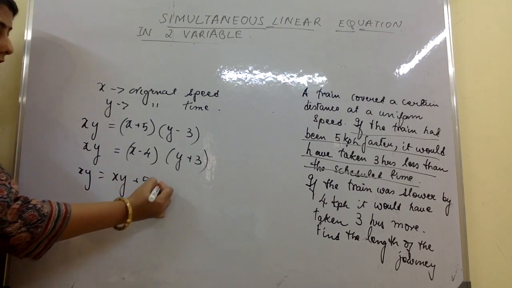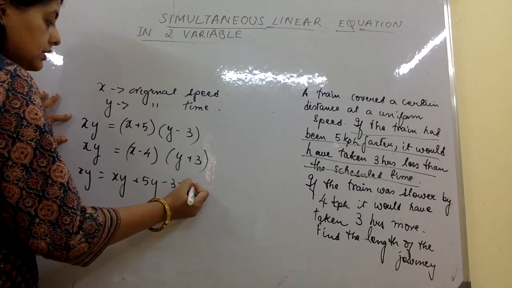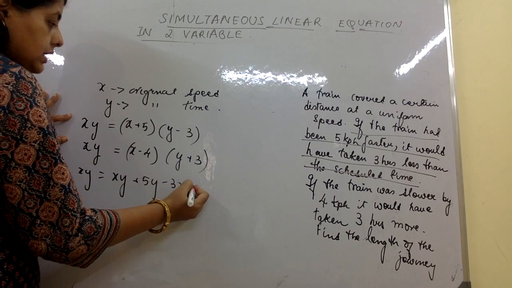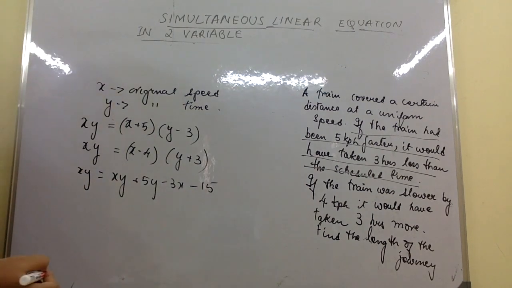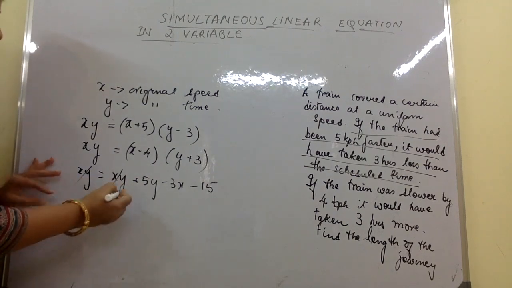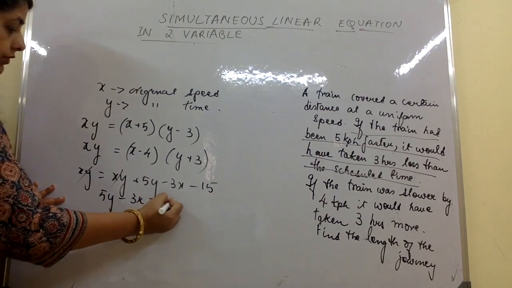So plus 5y minus 3x, I am working on this. Okay, minus 3x minus 15. Okay, now this cancels, and what we are left with is 5y minus 3x is equal to 15.